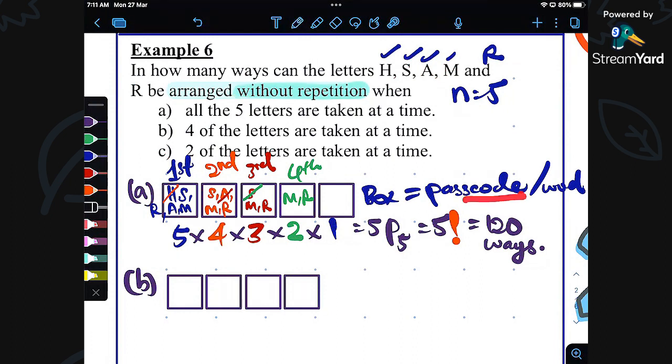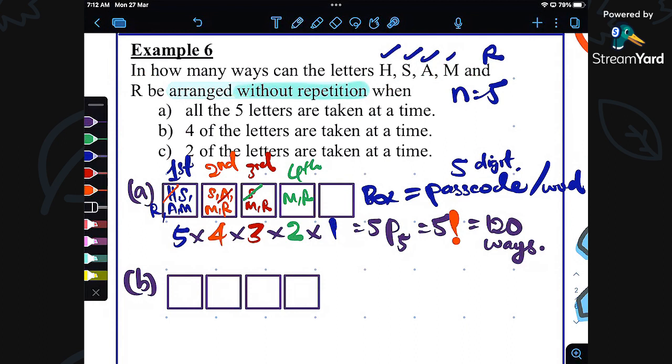So these are actually passcodes. Passcode ini hanya melibatkan 5 huruf, dan passcode ini melibatkan 5 boxes saja. I think 5 digit lah. Maybe I could use it as a 5 digit passcode.